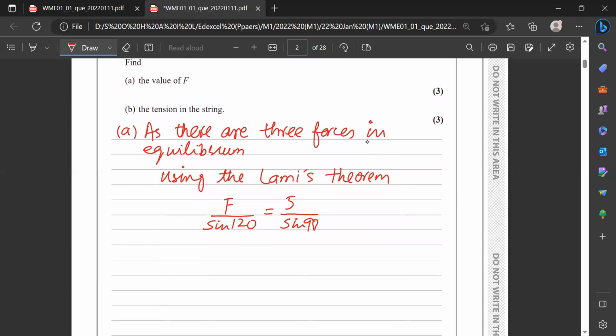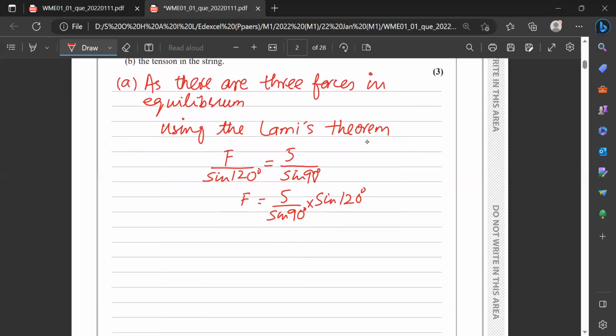So F you can find in just one step: F equals 5 over sine of 90, and sine of 90 is 1, multiplied by sine of 120.